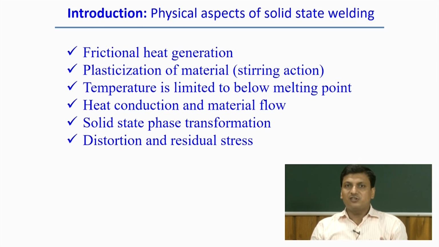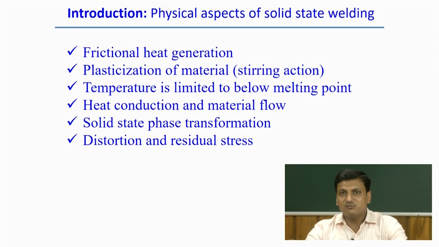So here the solid state phase transformation mainly happens, and the heat transfer also happens, which we normally find by solving the heat conduction equation. Of course, here we can model the material flow also. We can consider the solid state welding process mostly as viscoplastic in nature, and based on that we can model the material flow and find the distribution of the strain rate.